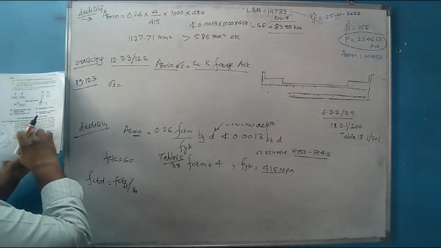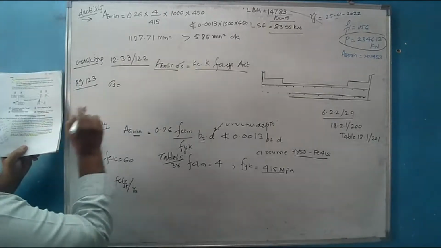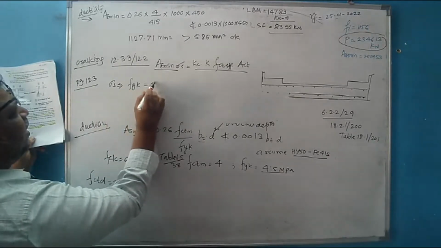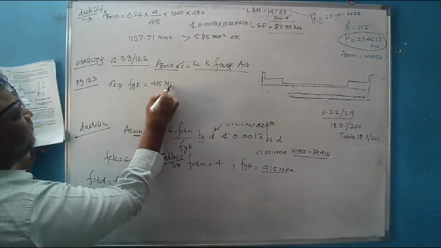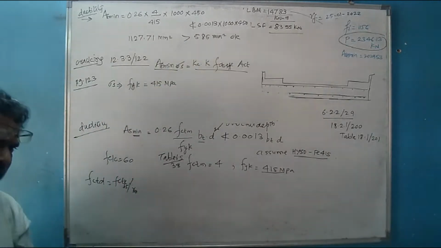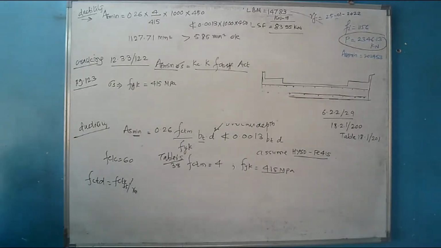This may be taken as the yield strength of the reinforcement, that is fyk. So this can be considered as equal to the fyk, and fyk is equal to 415 MPa. The characteristic tensile strength of steel, that is nothing but the 0.2% proof stress of HYSD. It is Fe415, so it is 415 MPa. We have got the value of sigma s, for the minimum area of steel required.